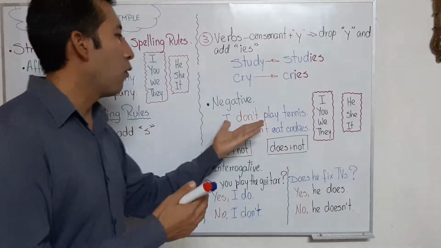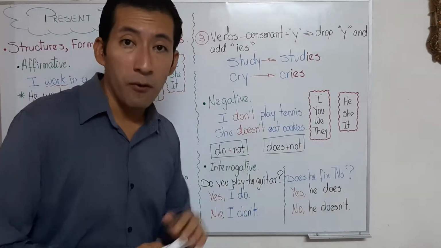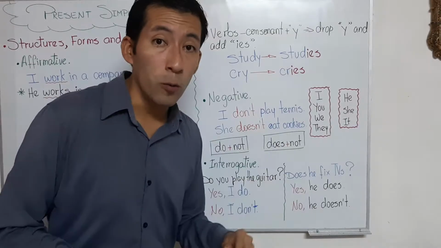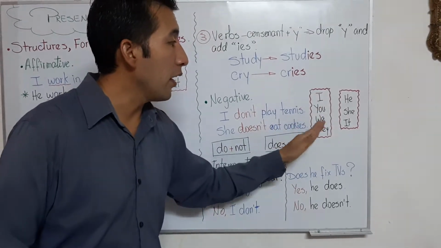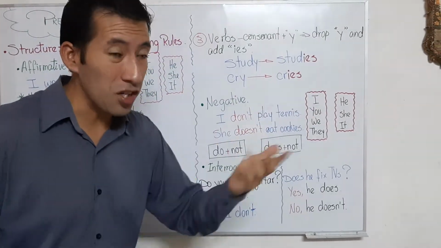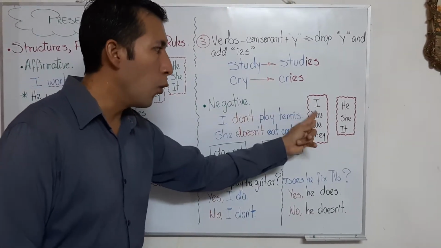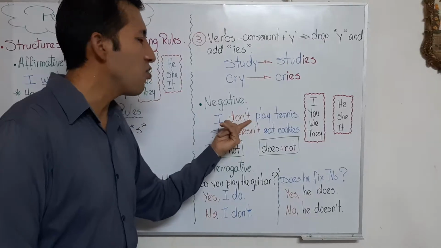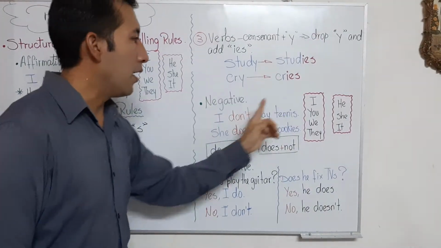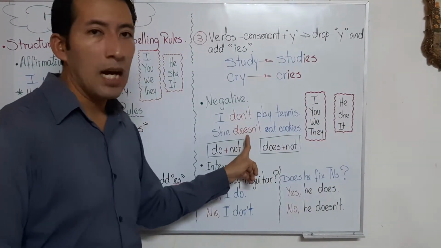Now, let's see the negative form. In the negative form, obviously, we continue with these two groups: I, you, we, they, and he, she, it. Why? Because with I, you, we, and they, we use don't, and with he, she, it, we use doesn't.